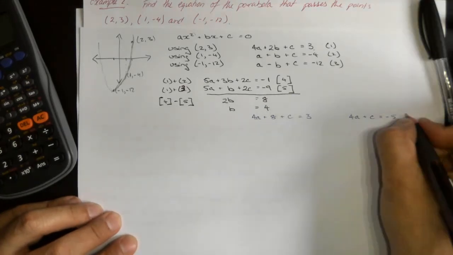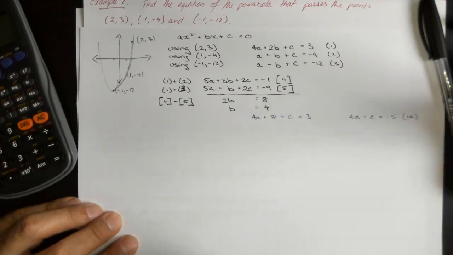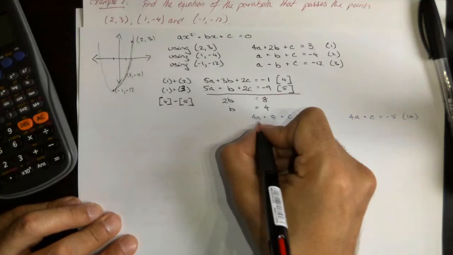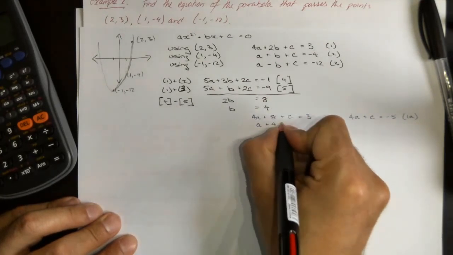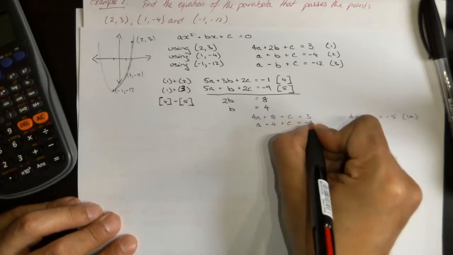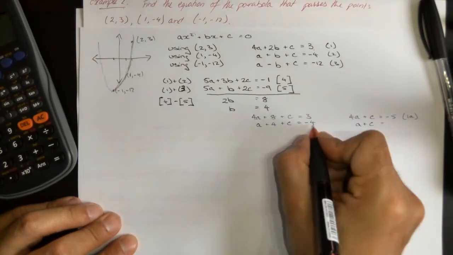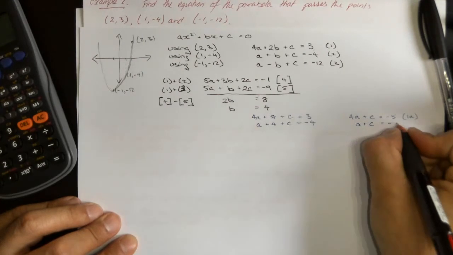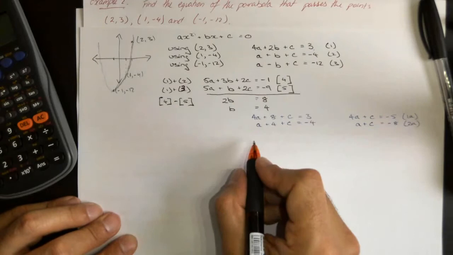So this is my, let's say, 1a. And we've got a plus 4 plus c equals negative 4. Well, that's just a plus c equals negative 8, because negative 4 minus 4 is negative 8. And that's my 2a from equation 2.